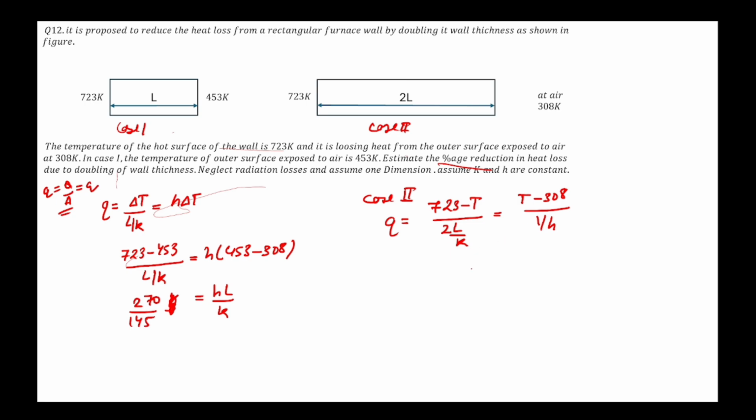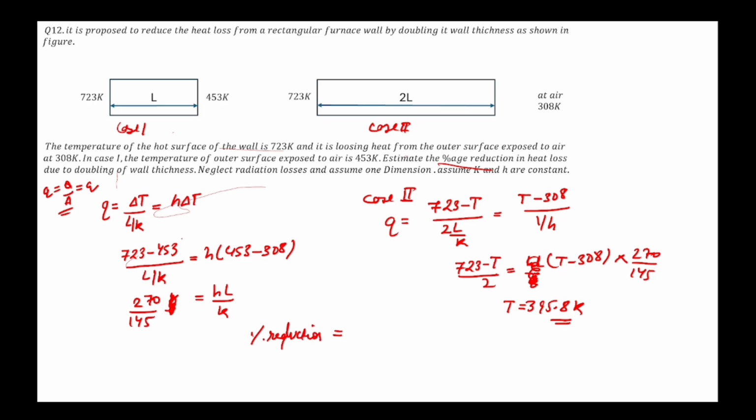So 723 minus T upon 2 is equal to hL upon K times (T minus 308). This hL upon K I will multiply as 270 by 145. So you will get T equal to 395.8 Kelvin.